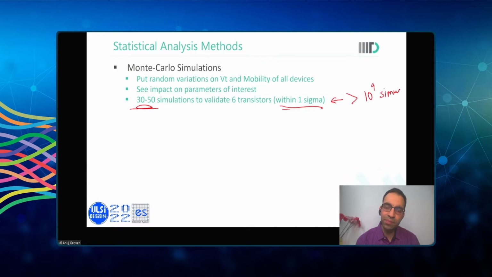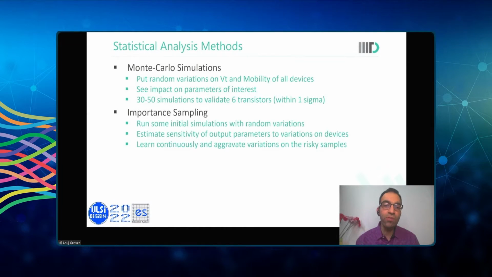This is not a cost that you as a designer can pay when you are iterating and designing the memory cell. So specifically for SRAM design, there is ongoing research. There is the concept of importance sampling, where after the first few initial simulations with random variations, we estimate the sensitivity of the output parameters to the input variations.